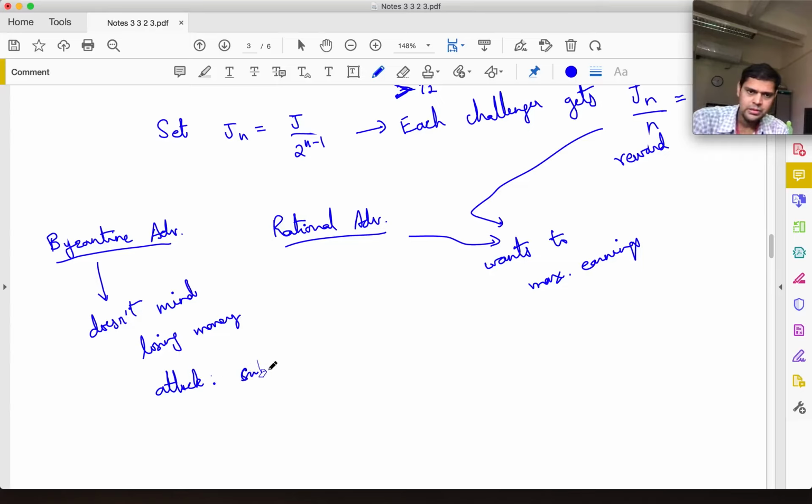So he submits many solutions. So what happens is that the n value goes up, the total number of solutions goes up, which in turn leads to the amount which is split among them becoming small.